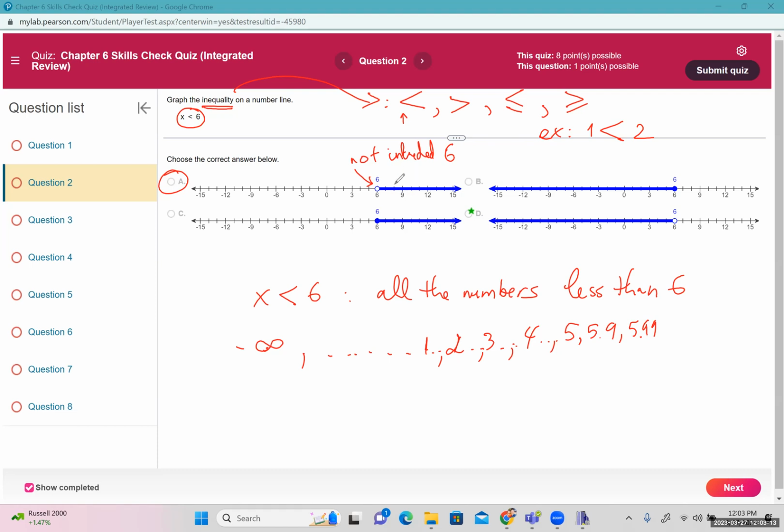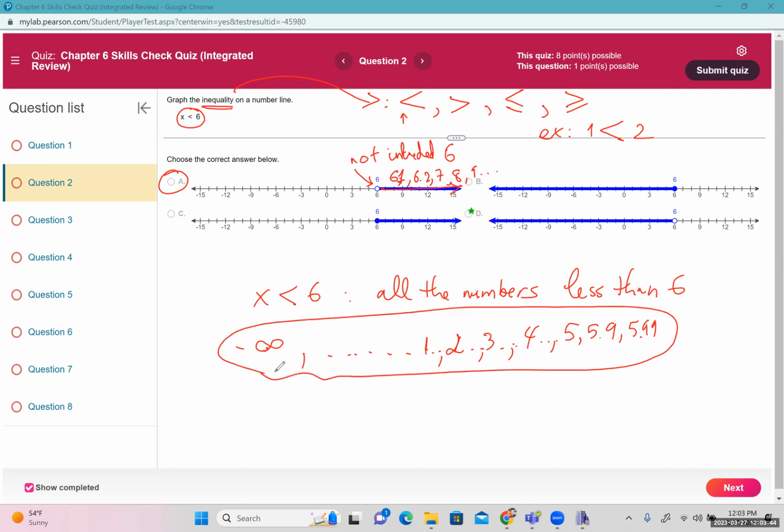However, the arrow goes all the way to positive infinity. It means 6.1, 6.2, 7, 8, 9, and 10, something else, right? Is that what I'm looking for? No, I'm looking for the one that's less than 6. So A is not a correct answer.